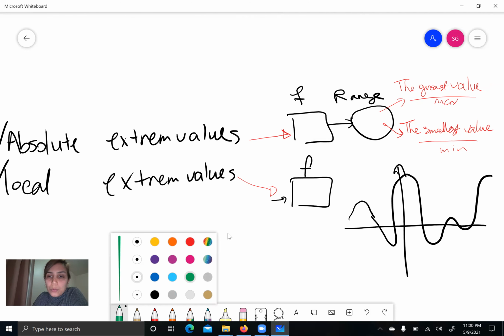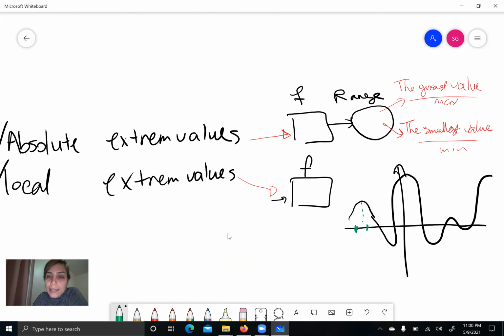At some neighborhood, locally, for example over this part of the domain, there is one local maximum, which means that the output value here is greater than anyone in its close neighborhood. For example, this one is a local minimum. It's not the absolute minimum, but it's local, because for the values around it, it has the smallest value. So this is a local minimum, and this is a local max, and this is a local min.